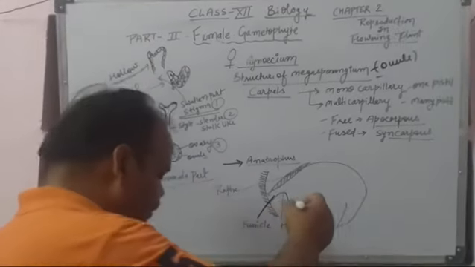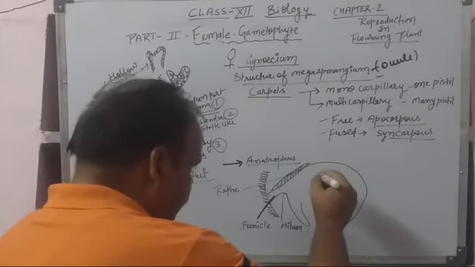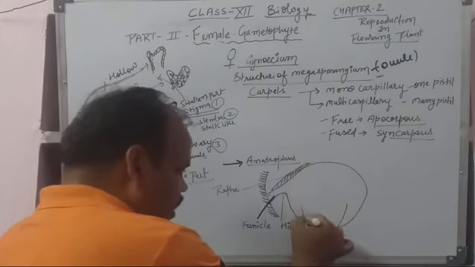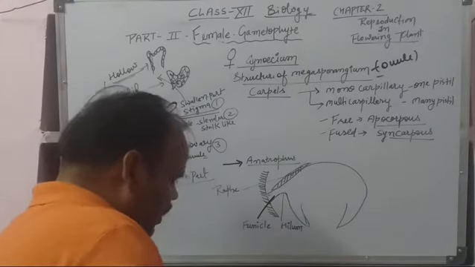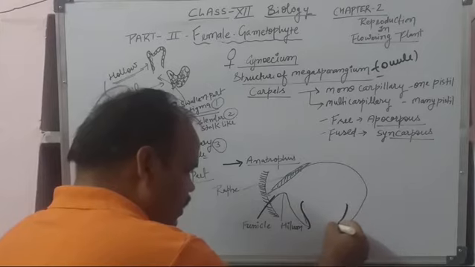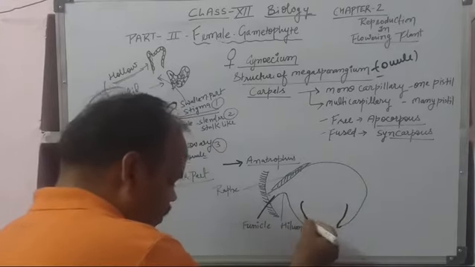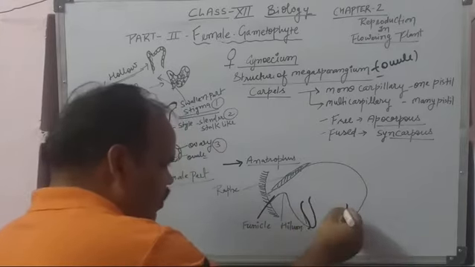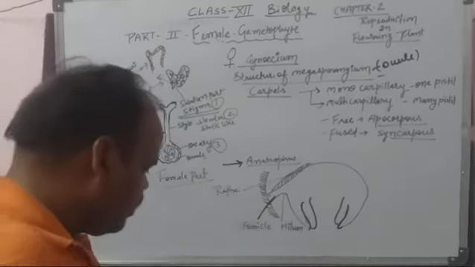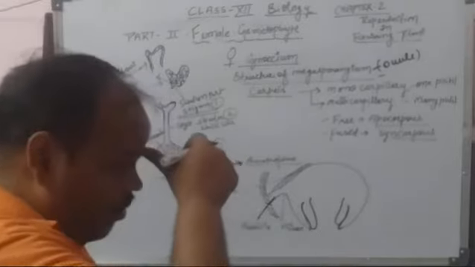And after that, the covering area will be formed. After that, one layer and then two layers, the internal and outer structure, will be called integument.